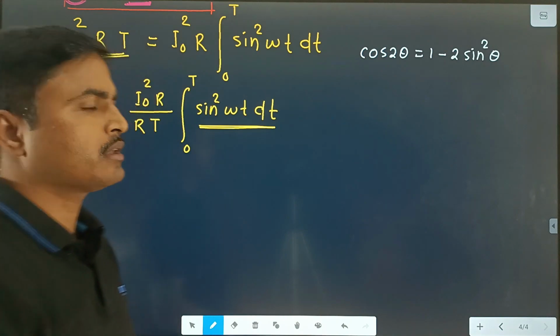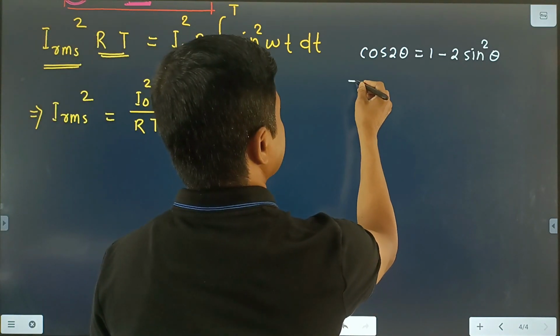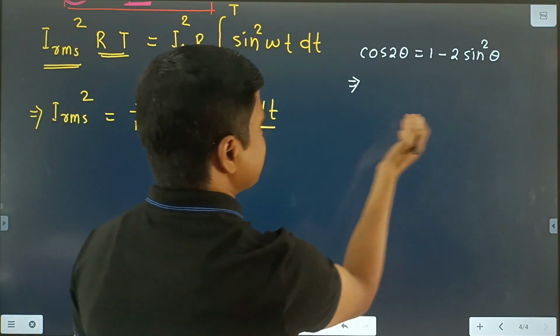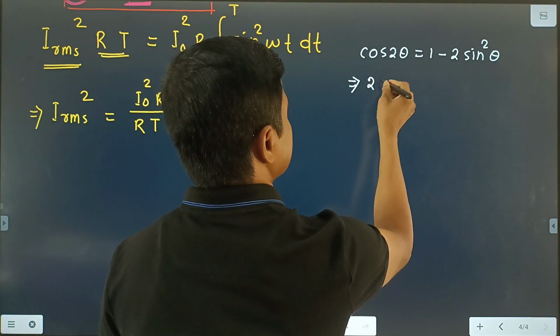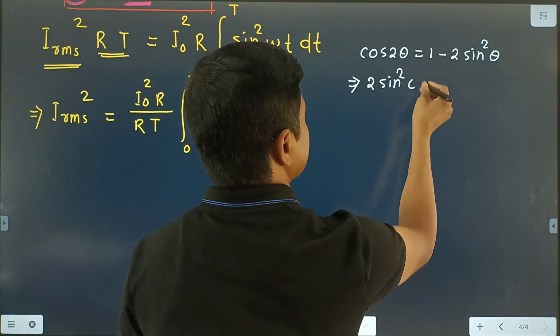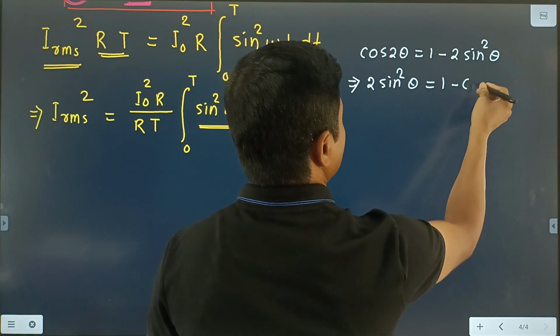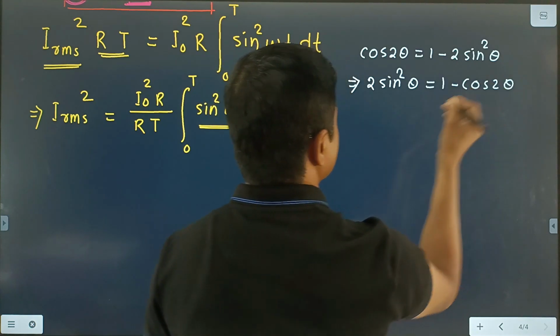We take 2 sin square theta to the left hand side, so this becomes 2 sin square theta is equal to 1 minus cos 2 theta.